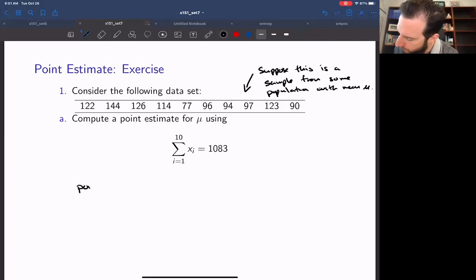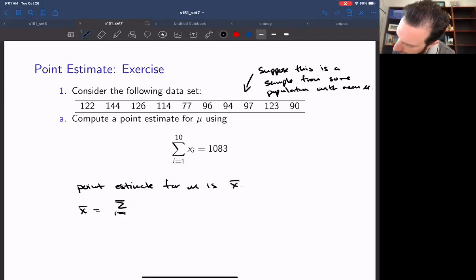Okay, so a point estimate for mu is X bar. X bar equals the sum from i equals 1 to n of xi divided by little n.